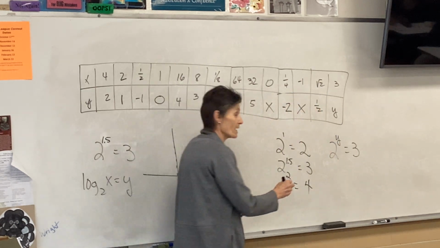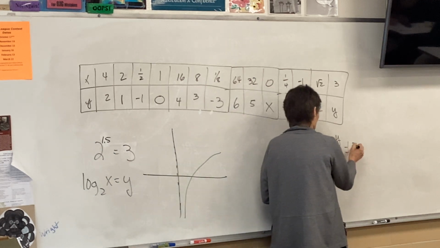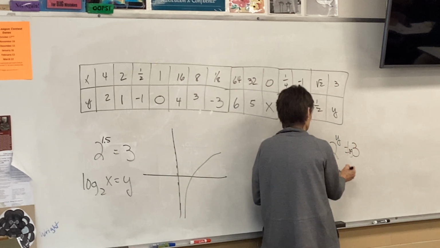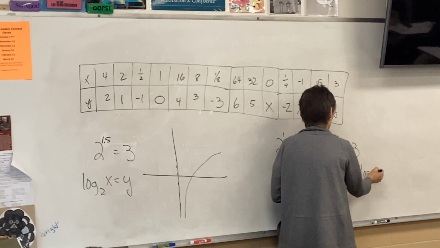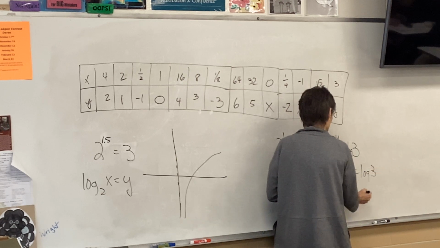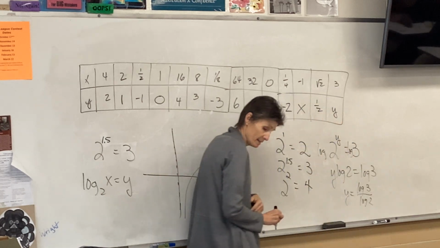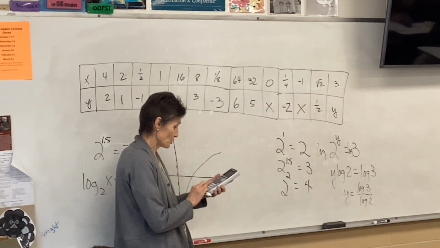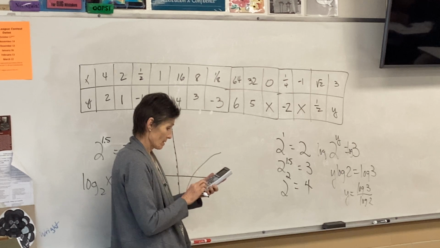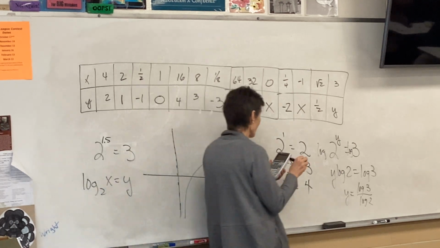Take the log of both sides, absolutely. Or ln, it doesn't matter. And the log of 3 divided by the log of 2 is going to be the answer to the question. 1.585.